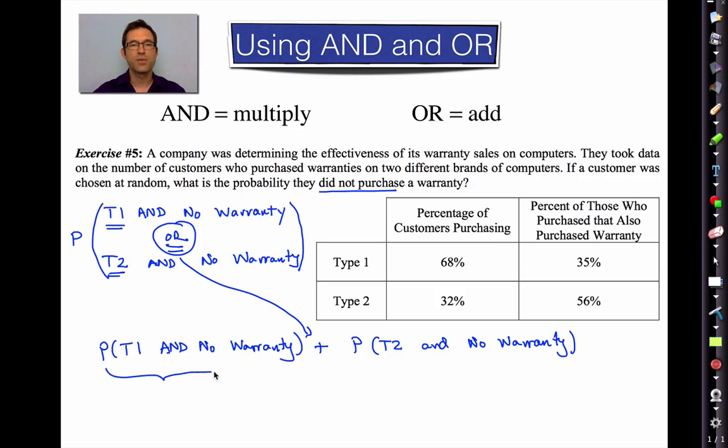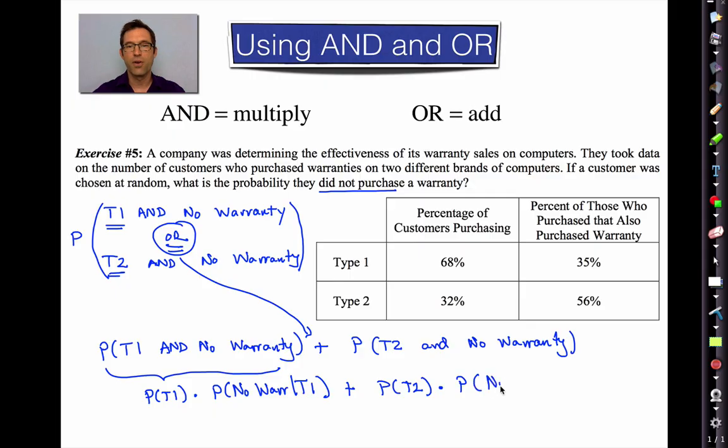Then the question is, how do I calculate this? Well, I'm going to find the probability that they bought type 1 and multiply it by the probability that they got no warranty given that they bought type 1. Then I'm going to find the probability that they got type 2 and multiply it by the probability that they got no warranty given that they bought type 2.